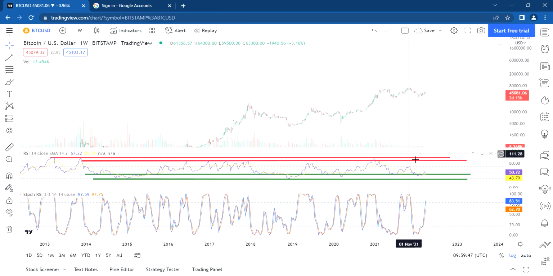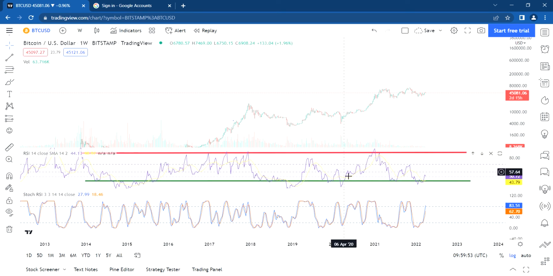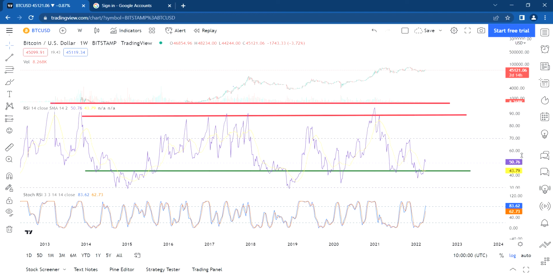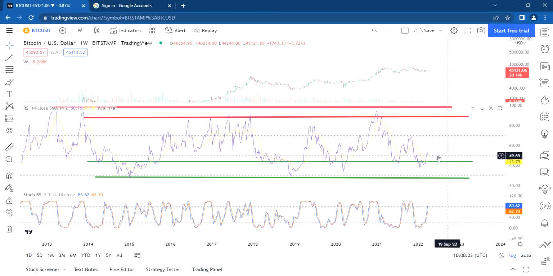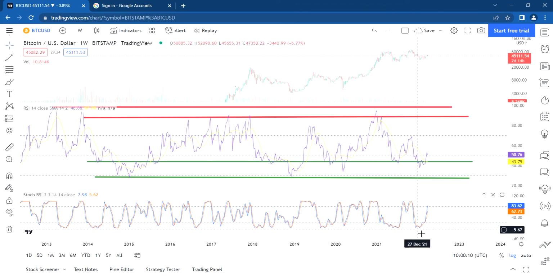In times where you're in these ranges, it can be very difficult to know exactly where you are in the greater scheme of things, and this stochastic shows you where. Basically, if you combine the stochastic RSI signal with the normal RSI, you get a stronger signal.